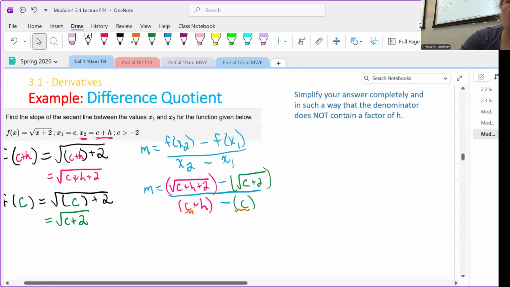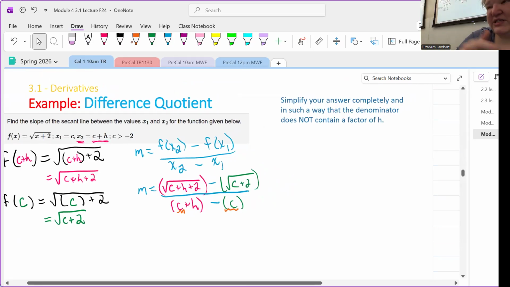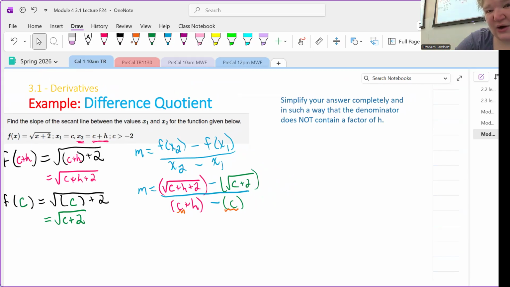But we do have a way to keep working on this so we can eventually cancel that h out. Because the whole point of the difference quotient is you do some algebra magic and eventually that h that is on the bottom by itself cancels somewhere and then you have a final result. So there has to be a way to do this.